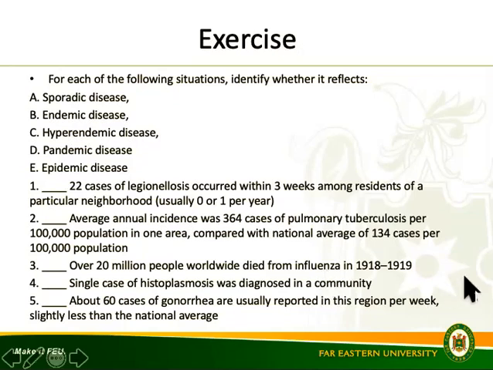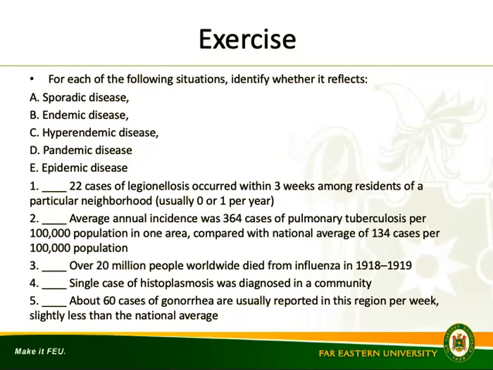Number two, the average annual incidence was 364 cases of pulmonary tuberculosis per 100,000 population in one area, compared with the national average of 134 cases per 100,000 population. So how do you describe the disease occurrence in this area? And then number three, over 20 million people worldwide died from influenza in 1918 to 1919.